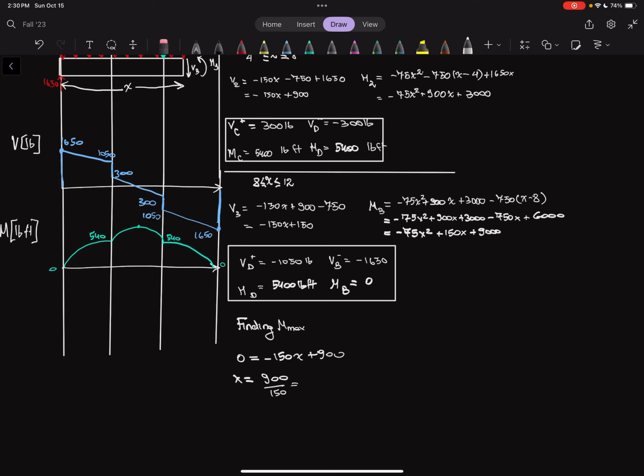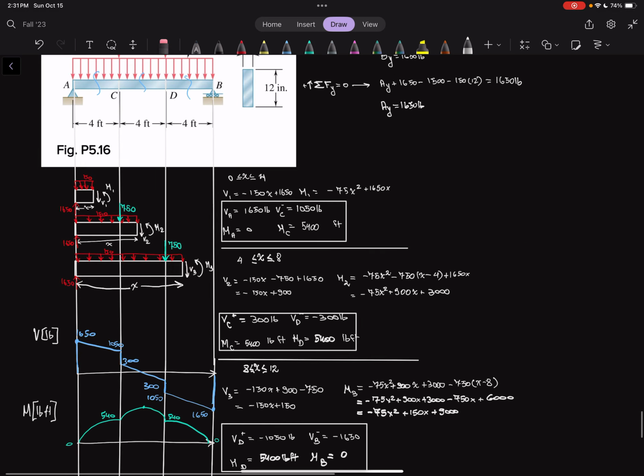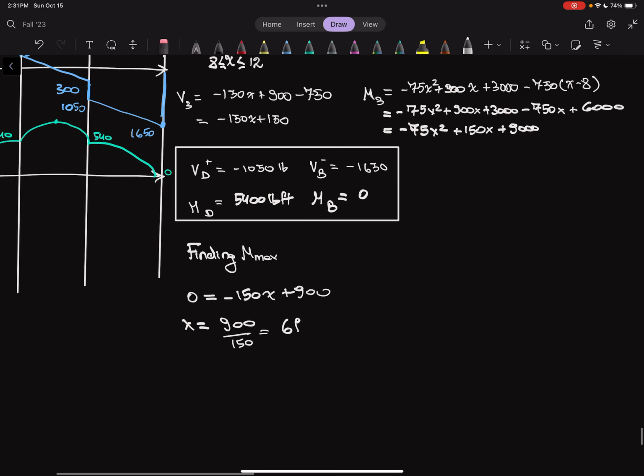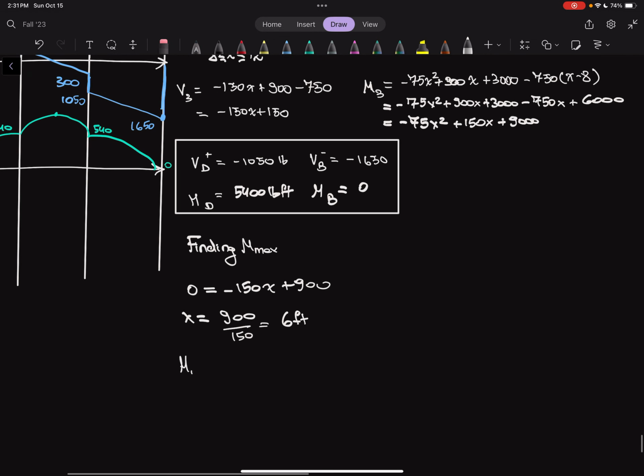It's the same thing as 90 divided by 15, which 15 will fit 6 times. So at 6 feet, we're going to have my M max. Now we have a function for that. So let's put everything into the function.